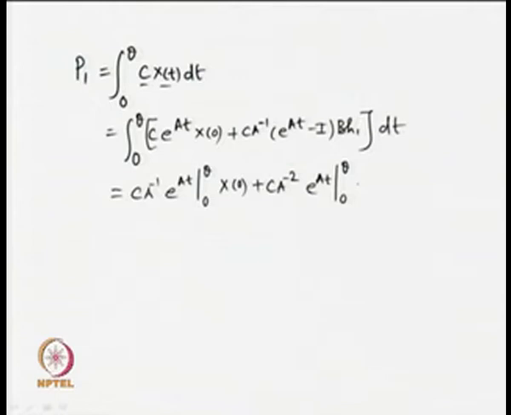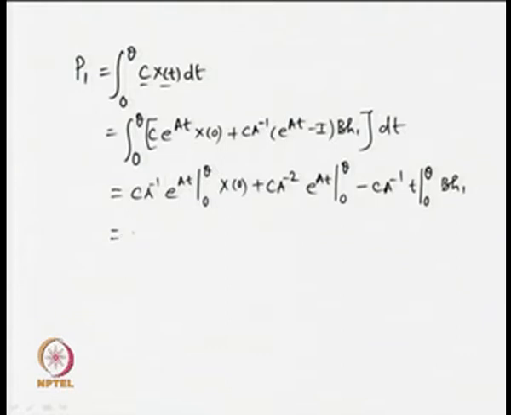Then the remaining part will have the expression minus c A inverse integral from 0 to theta of t dt, so you are left with t with limits 0 to theta times b h1.